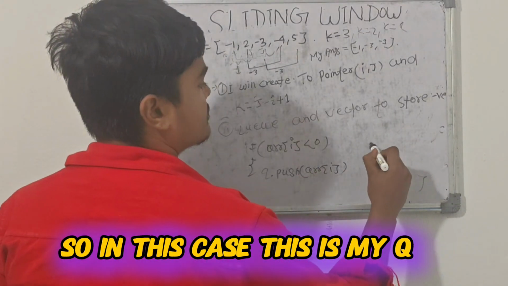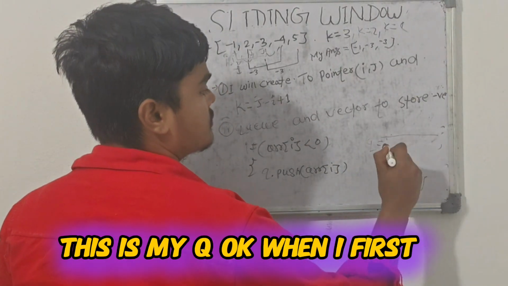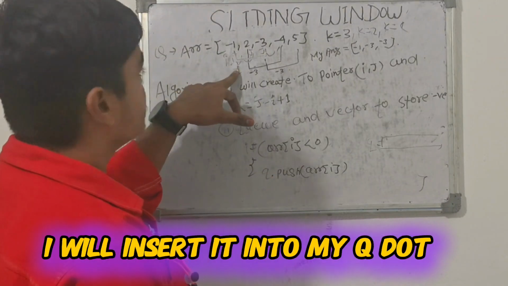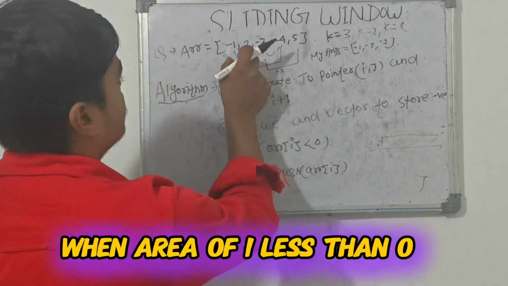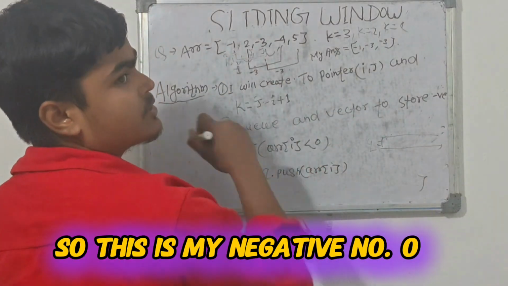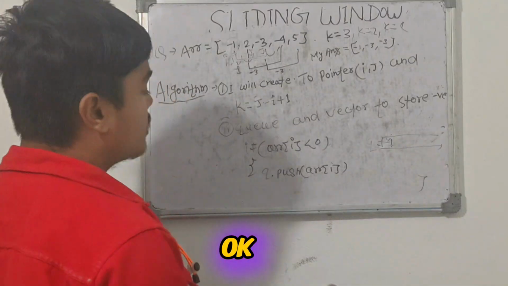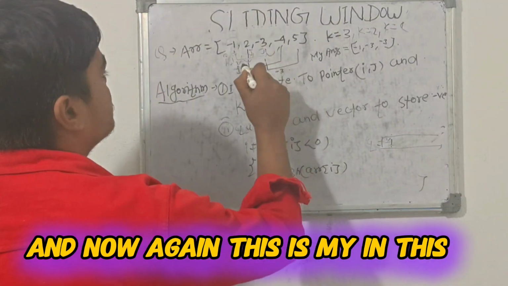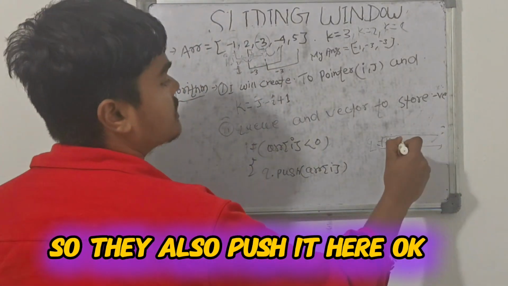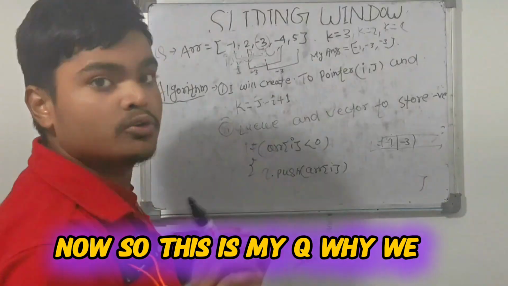So this is my queue. When array of i is less than 0, I insert it into my queue: q dot push equals array of i. This is a negative number, so I push it here. Again, in this scenario 3 is also a negative number, so I push that here too. Now this is my queue. Why do we use a queue?